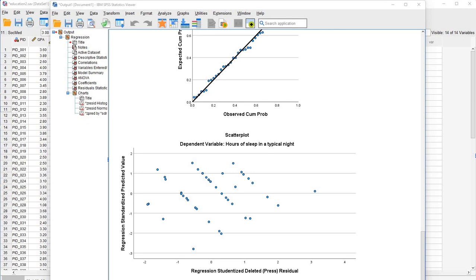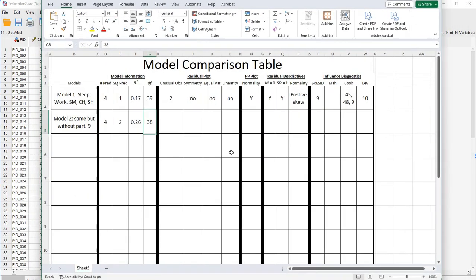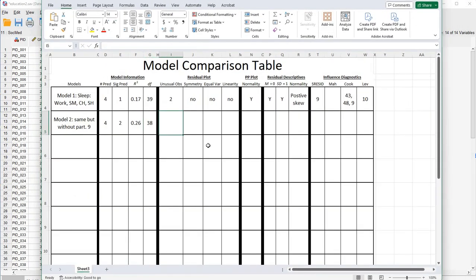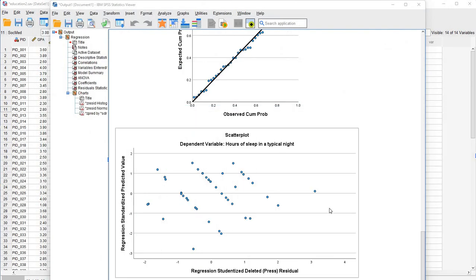So while we're here, let's go ahead and fill in our table for what we see. So again, unusual observations. It looks like we've decreased it by one, again, because we removed one of them that was a potential concern. We still don't have symmetry, right? So the top half of our scatter plot doesn't appear to match the bottom half of our scatter plot. Part of that is because of this kind of stepwise grading, this lining that you see here.